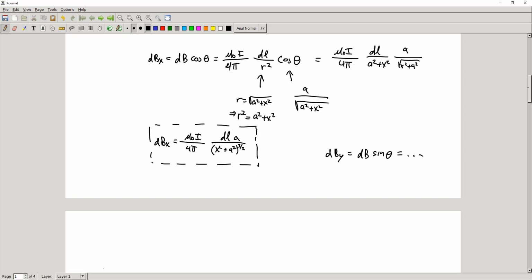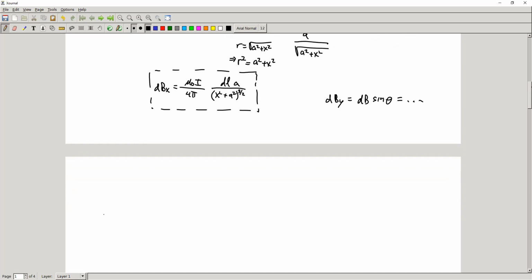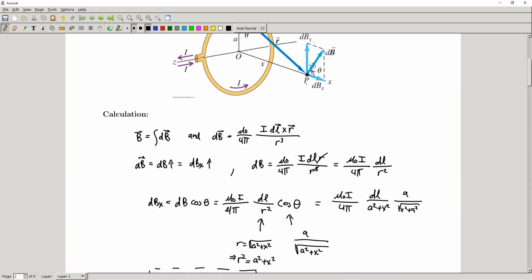Okay, let's keep our eye on the prize here. Let's remember we want B at P, our point P over here. We know it's only going to have an i hat component.